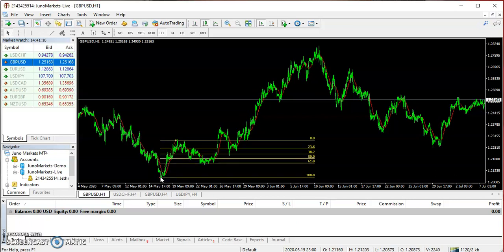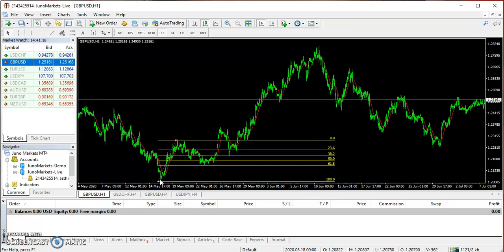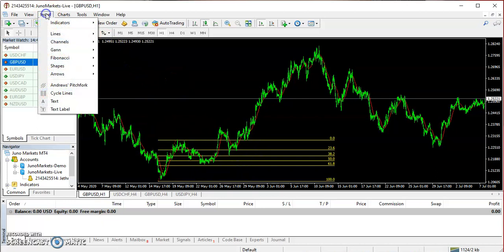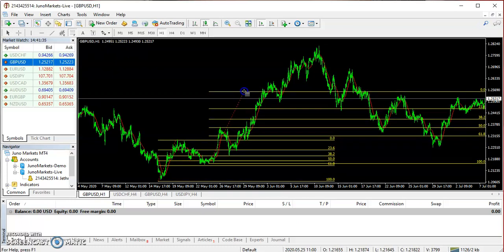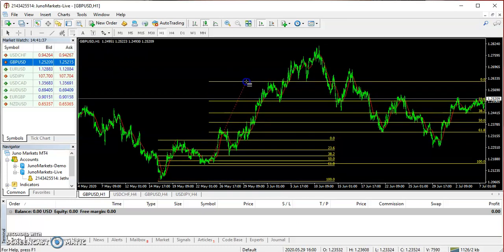Yes, that is 61. And then we're going to measure wave 3. Wave 3 starts to be measured here, 61 up there.